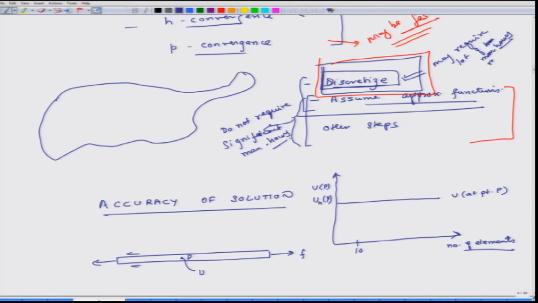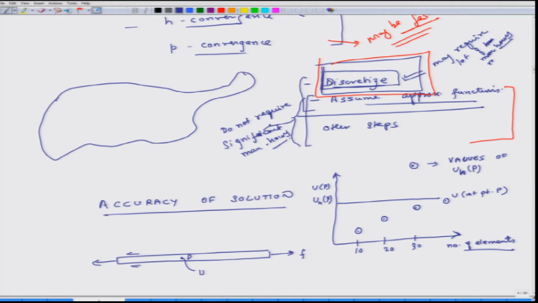let us say this is number of elements 10, this is 20, this is 30, I will find that these are the values of u_h at P. Whatever points are there, they represent the FEA solutions when the number of elements was 10, when it was 20, when it was 30, when it was 40, and so on and so forth.